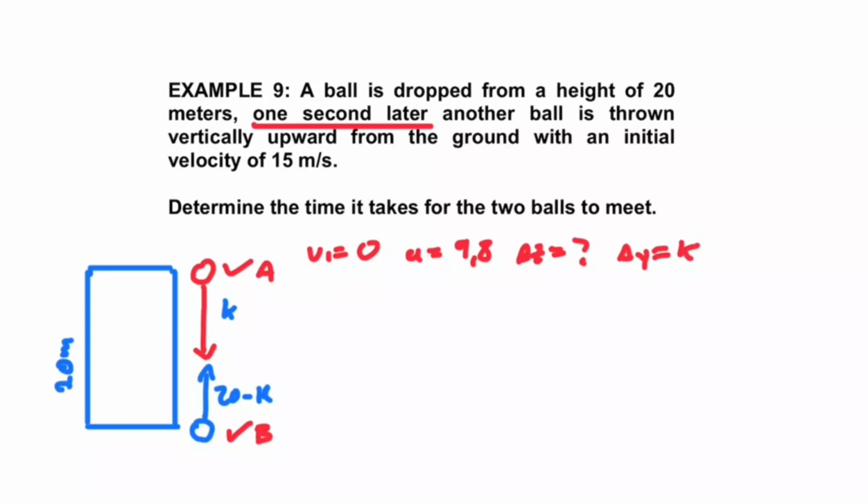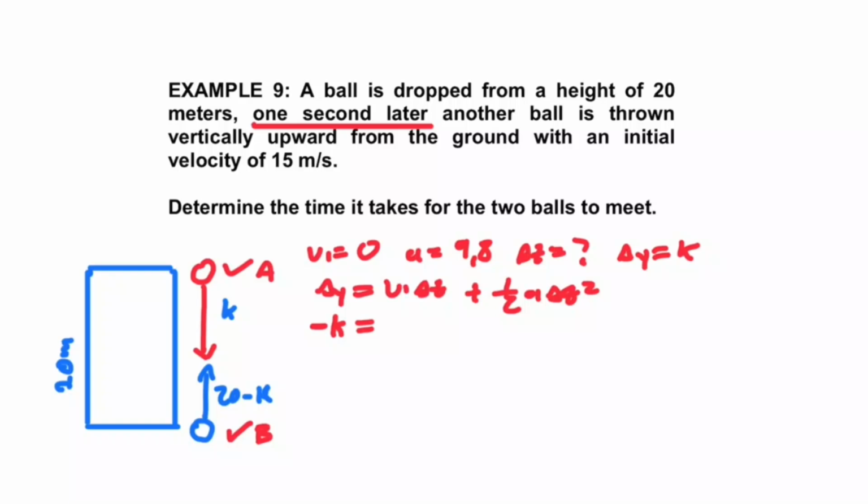I think that is all we need to see that we can use our equation delta y equals vi delta t plus a half acceleration delta t squared. The displacement will be minus k meters because we are taking up as positive. So everything going down should have a negative sign.